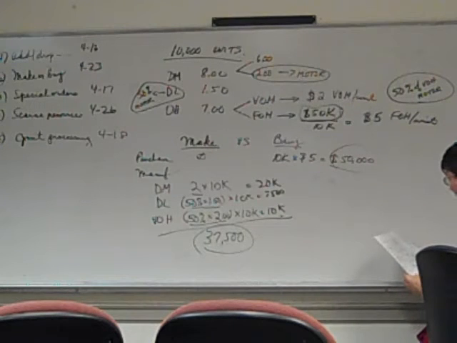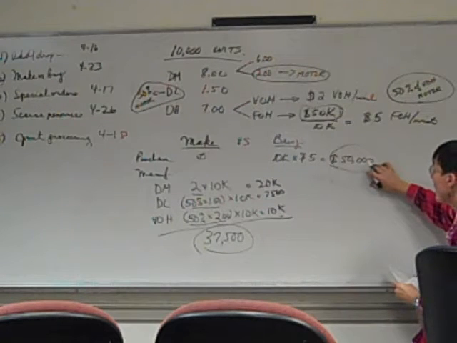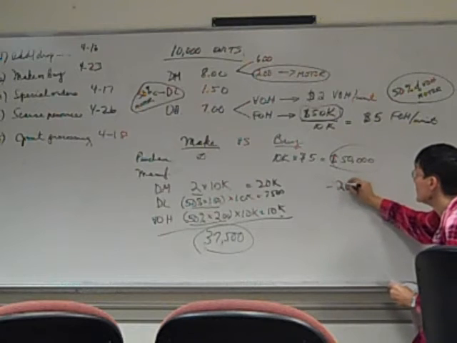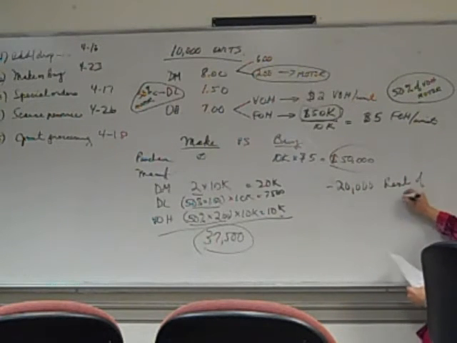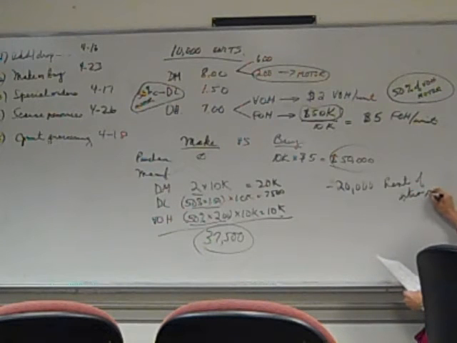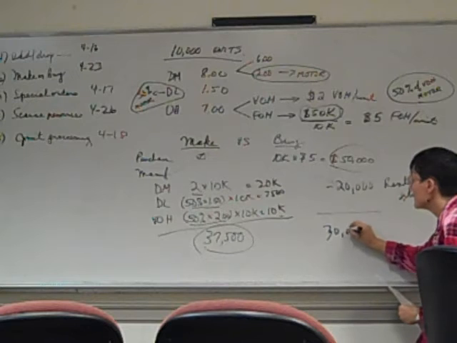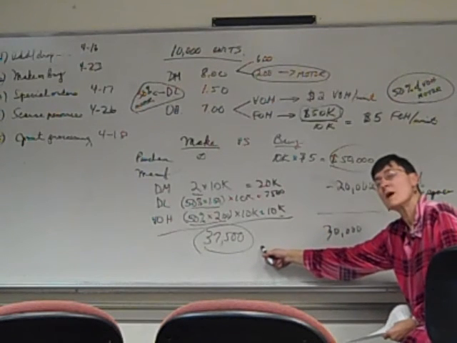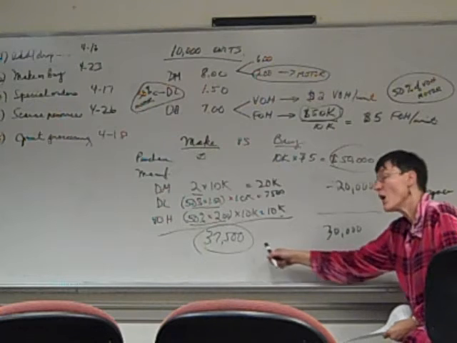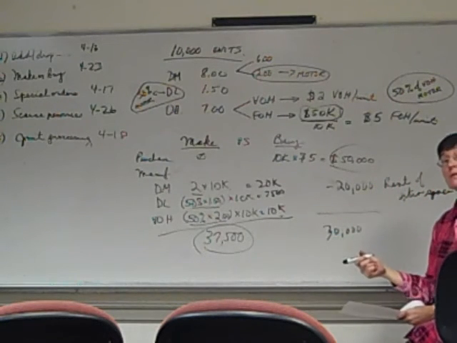What'll happen is if we can buy for the 50,000, but we can reduce that cost by the rent of the extra space, well then look what happens. It's only going to cost us 30,000 if we outsource, 37,500 if we stay in-house. So if you have an alternative use for your space, that's going to change your decision.